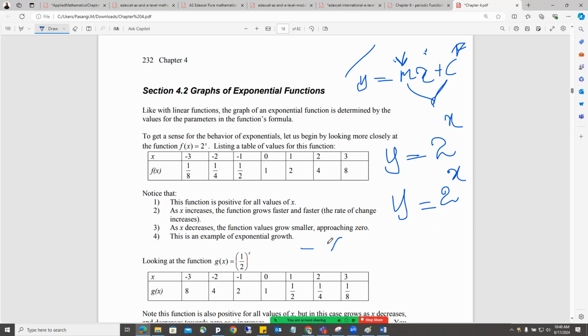Take some negative values, then 0 in the middle, and also some positive values of x, and then find the respective y values. Draw the data table and then draw the graph. Do that one. The function of x is equal to 2 to the power of x.